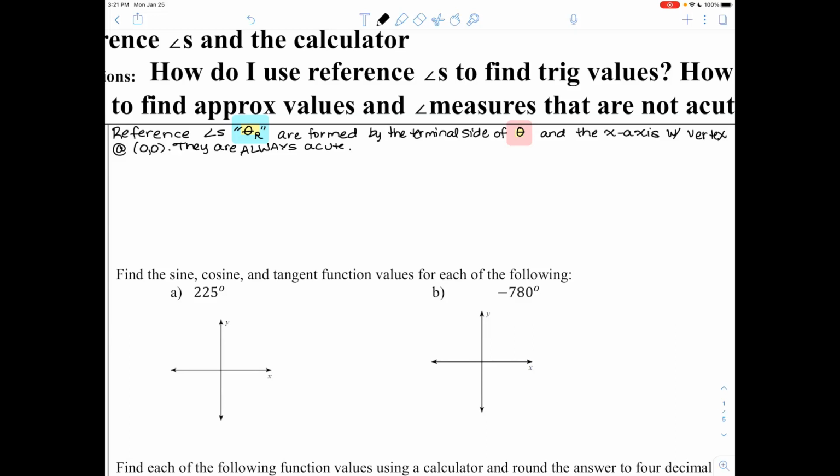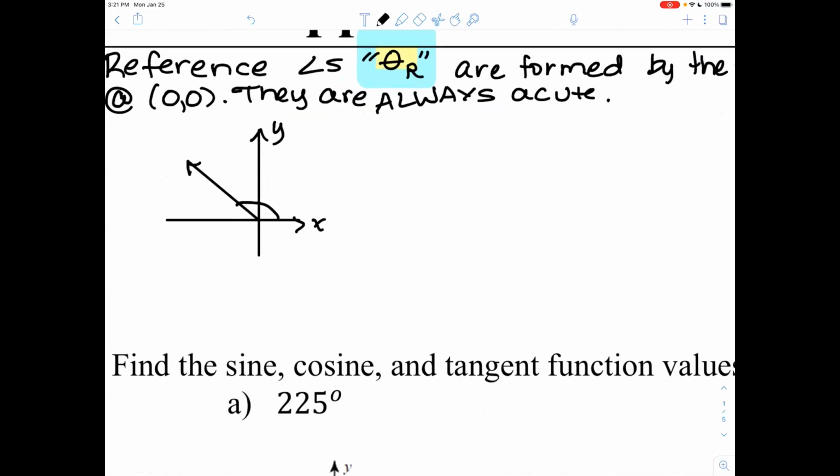Okay, and then what I would like to talk to you about is how you find these reference angles when you're in the different quadrants. So let's look first at quadrant 2. So here we have our x, y, and let's say we have angle theta that goes like this. So here's angle theta.